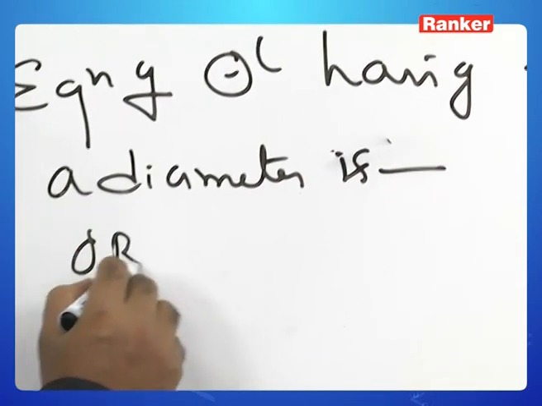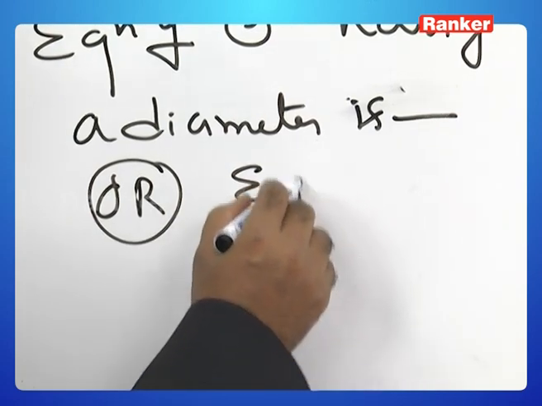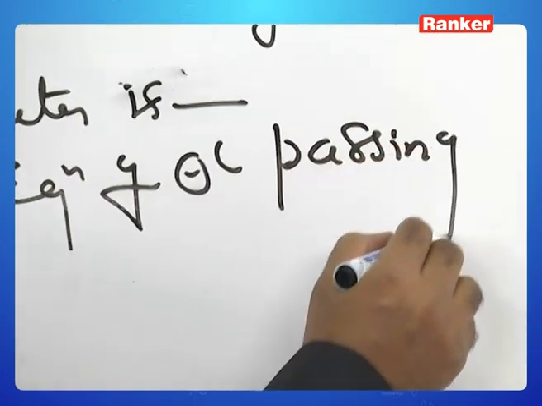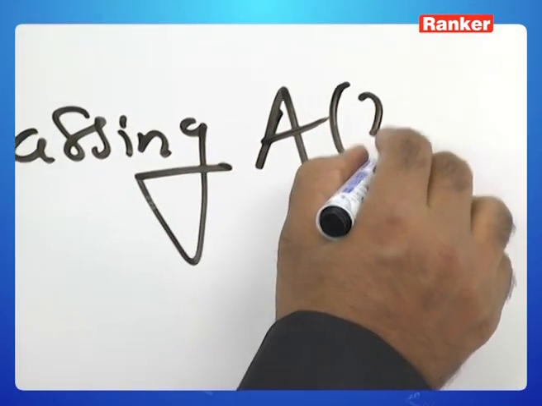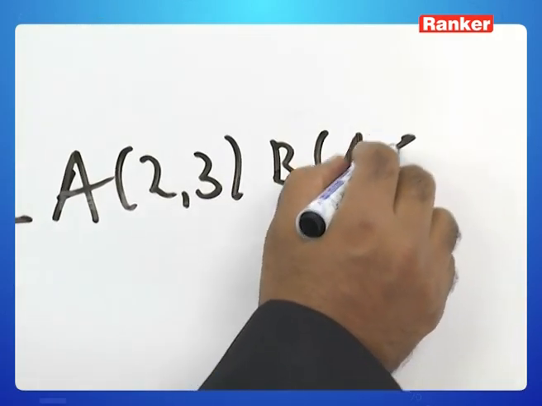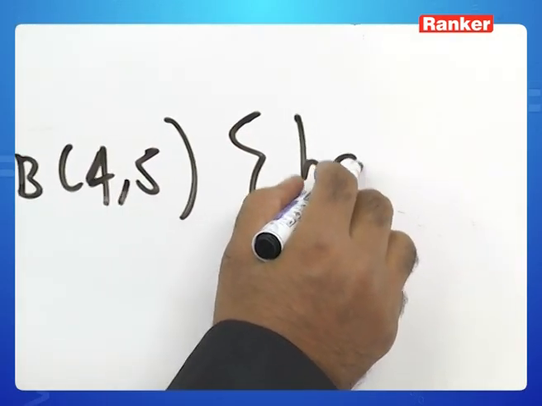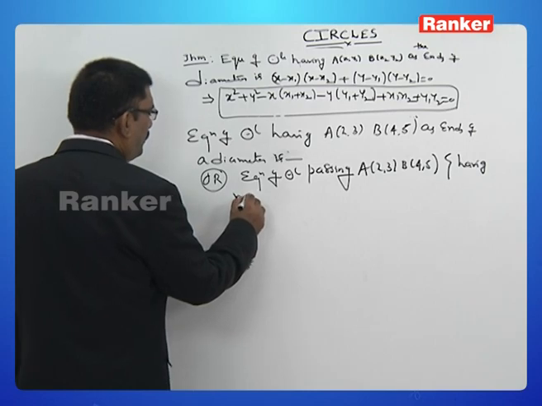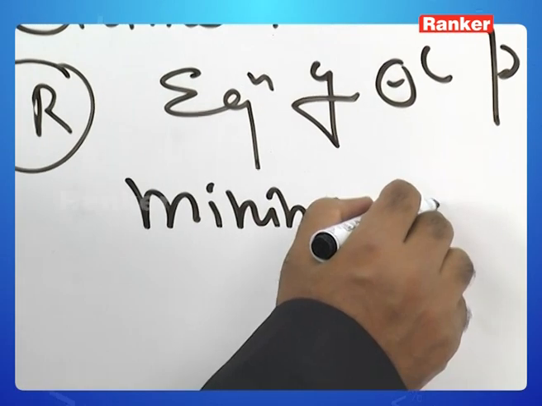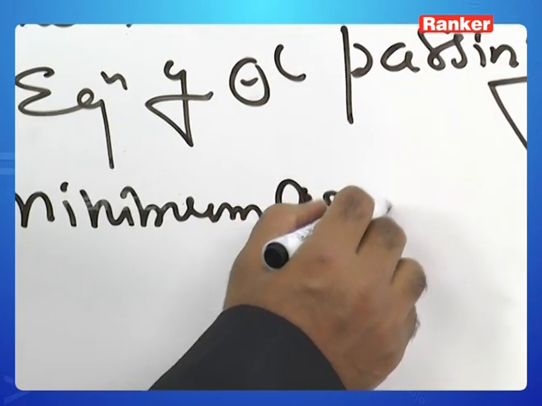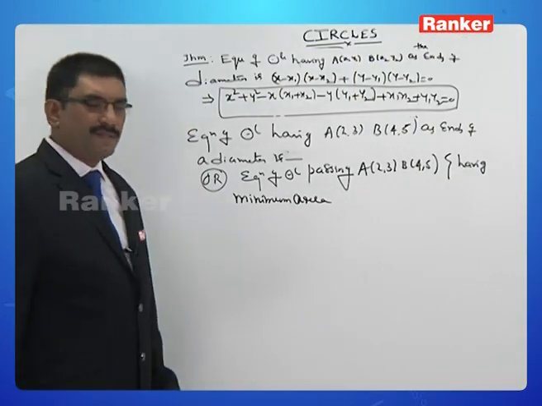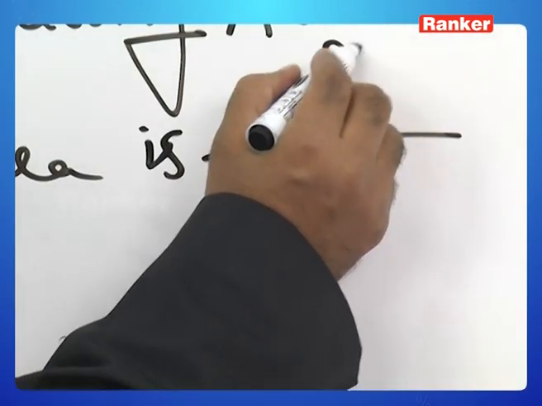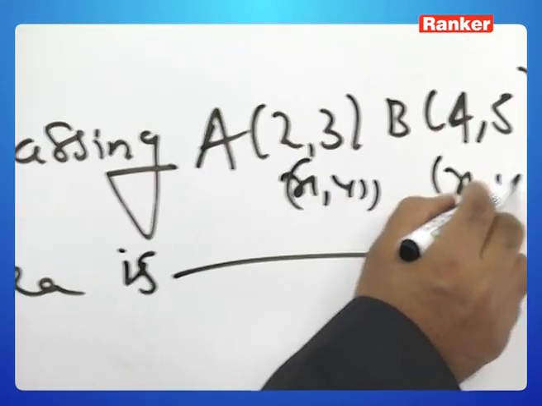Or the other way: equation of circle passing through A of 2 comma 3, B of 4 comma 5, and having minimum area or least radius is dash. Now you take this as x1 y1, and you take this as x2 y2.